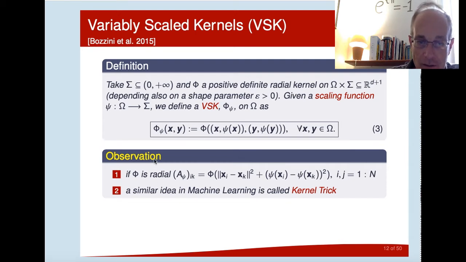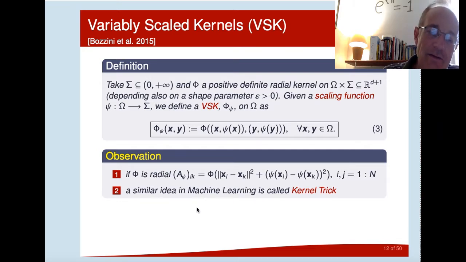In particular, we have a couple of observations. Suppose that the kernel Phi is radial, then the collocation matrix has components that can be described in this way. And in particular, you realize that when psi is simply a constant, which is the case when epsilon is chosen in the usual way, then this part is gone, and you return to the classical collocation matrix.